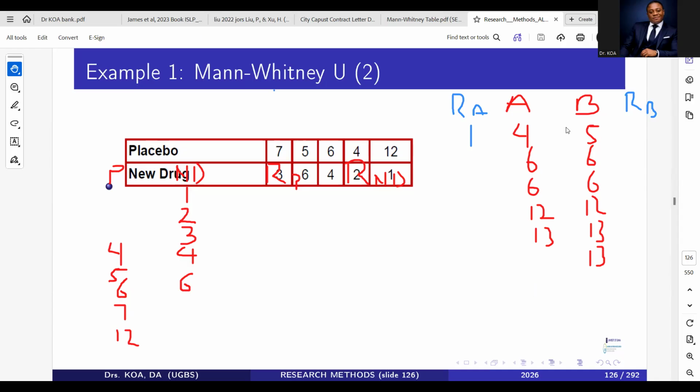Pay attention here because this is tricky. So you're going to write 3 plus 4 plus 5 plus 6 divided by 4. You find the average. Don't forget where you ended. You ended at 6. So when you take 3 plus 4, that's 7. 7 plus 5, that is 12. 12 plus 6, that is 18. 18 divided by 4.